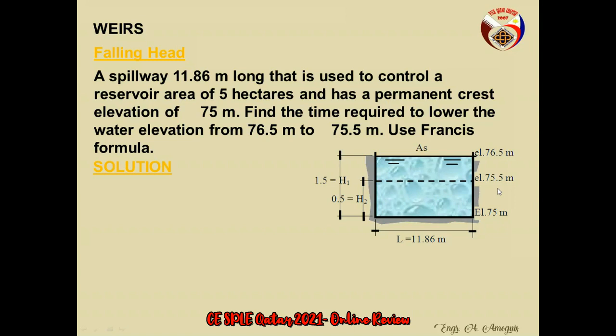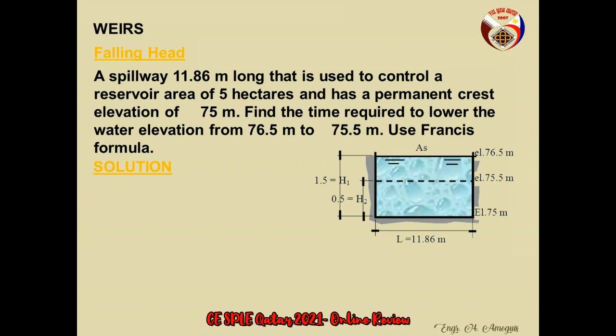So after a certain time, your head is only 0.5. So H1 is 1.5, H2 is 0.5. The question is, how many minutes or seconds until the available head at the spillway is only 0.5 meter, when initially it is 1.5 meter.